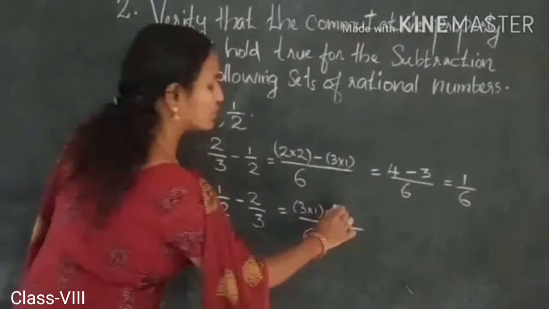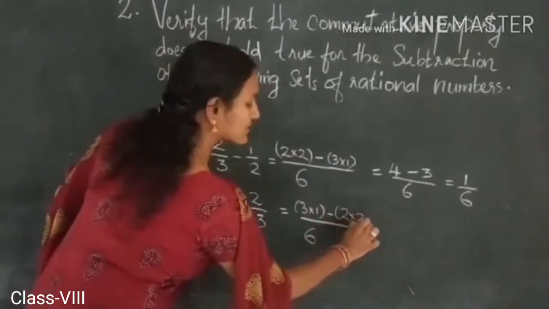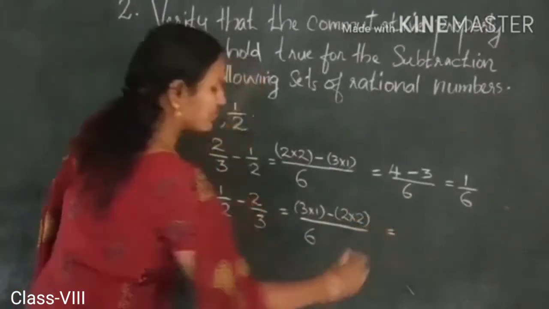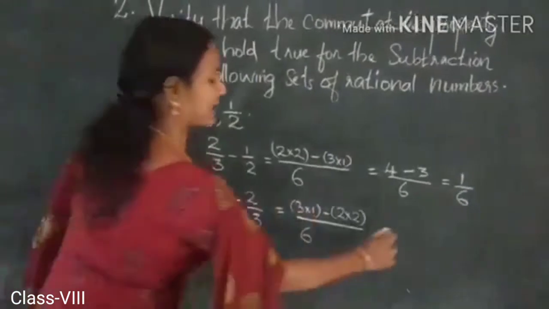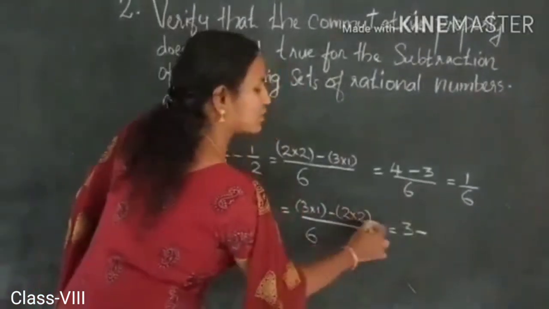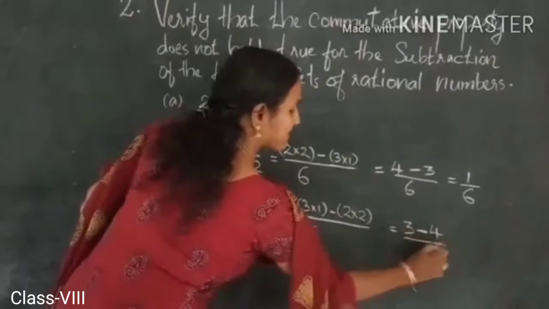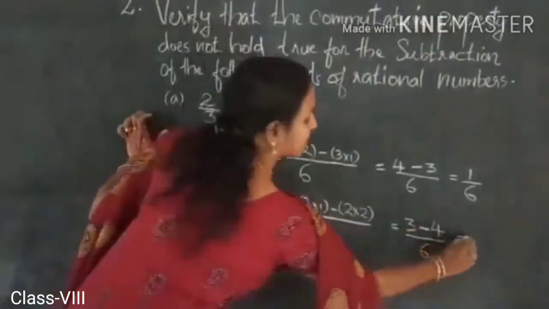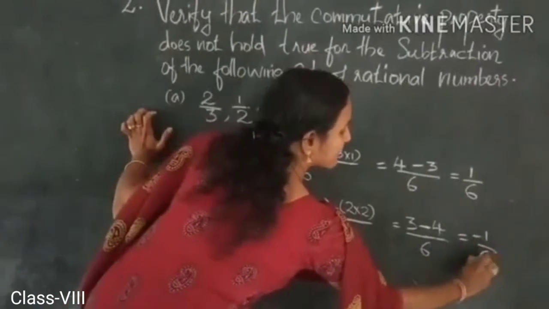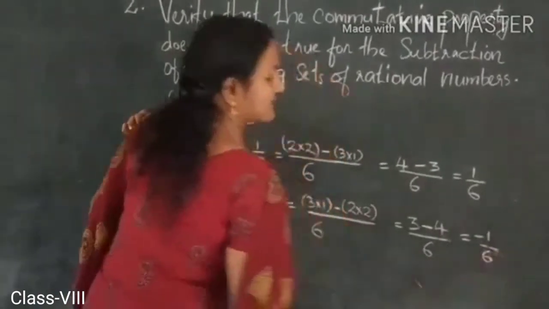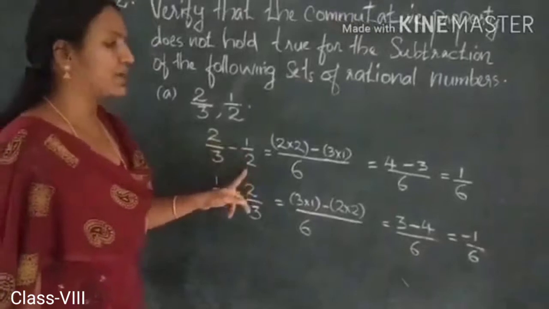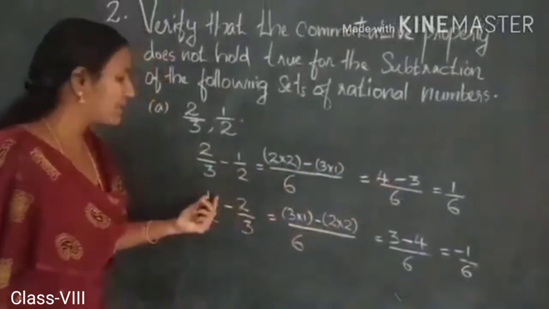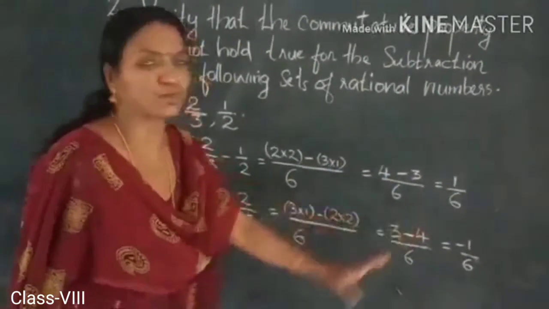Then 2 into 2. 3 1s are 3, minus 2 2s are 4, divided by 6. 3 minus 4 is minus 1, so minus 1 by 6. So 2 by 3 minus 1 by 2 is 1 by 6, and 1 by 2 minus 2 by 3 is minus 1 by 6.